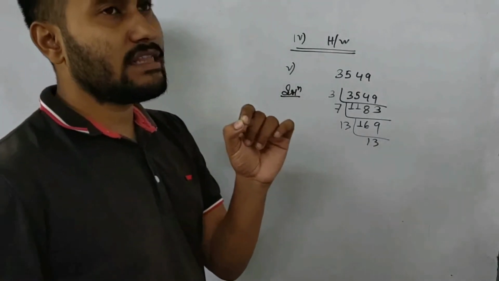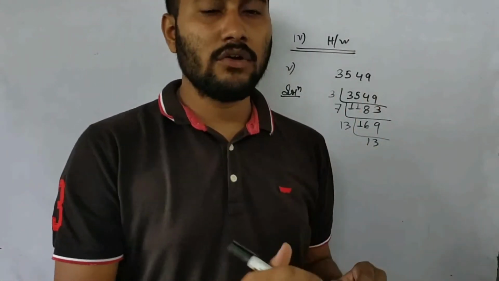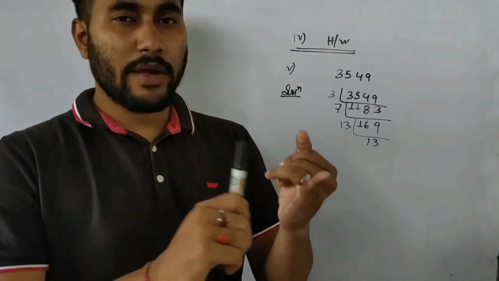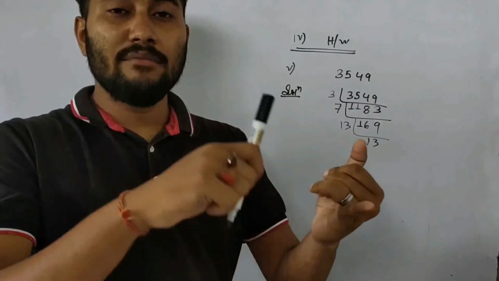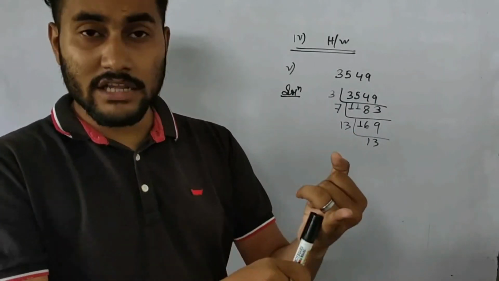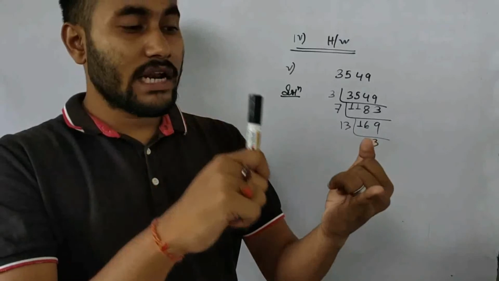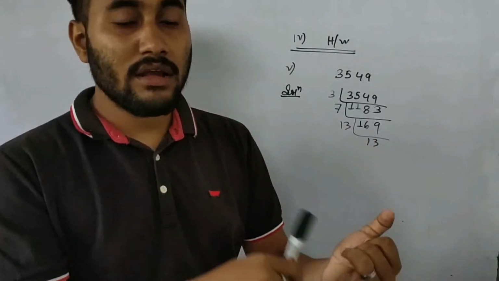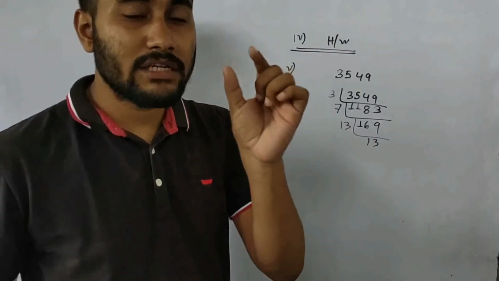And one line I said in the last class, if you see the previous video, the last line of the video, I said, specially prime number squares. 13 square, 17 square, 19 square, 23 square, prime number squares.